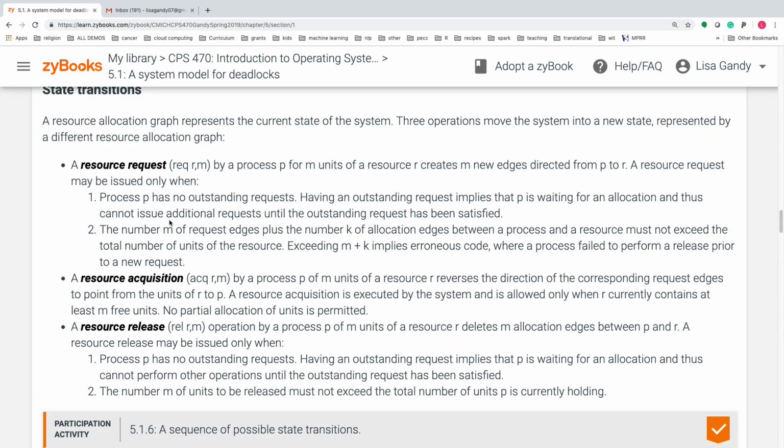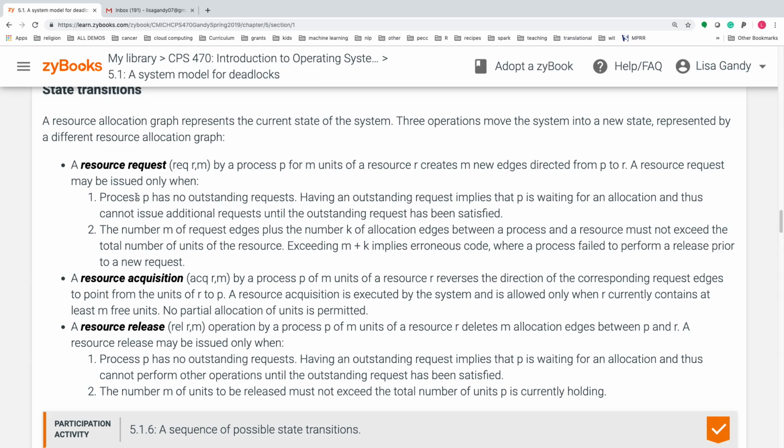And this is just basically the details. So you do the request. That only happens when a process has no outstanding request, and the number of requests plus the number of allocations must not exceed the total number of units. If this happens, a block happens.